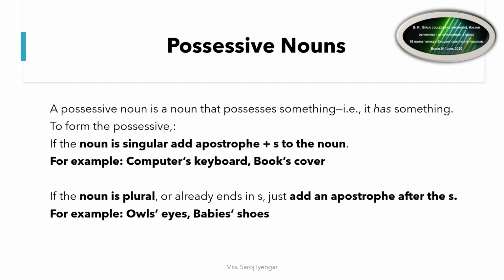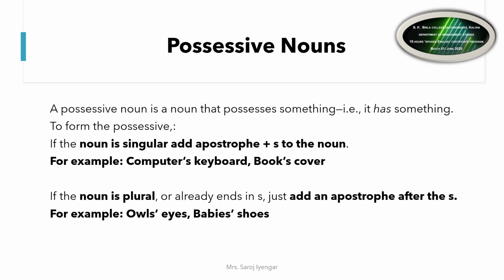What about the nouns which are plural? In case the noun is plural or it ends in s, just add an apostrophe after the s. So what you do here is you do not write another s, you just put an apostrophe mark, which says that it is a possessive noun. As I have given you an example, for example, owls' eyes, babies' shoes.